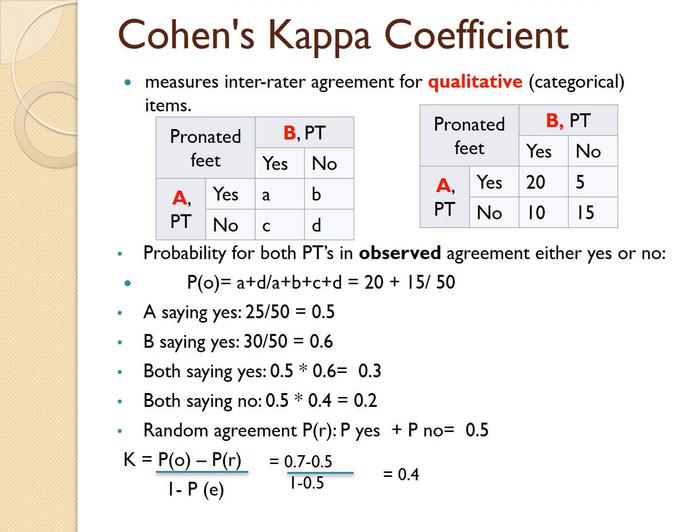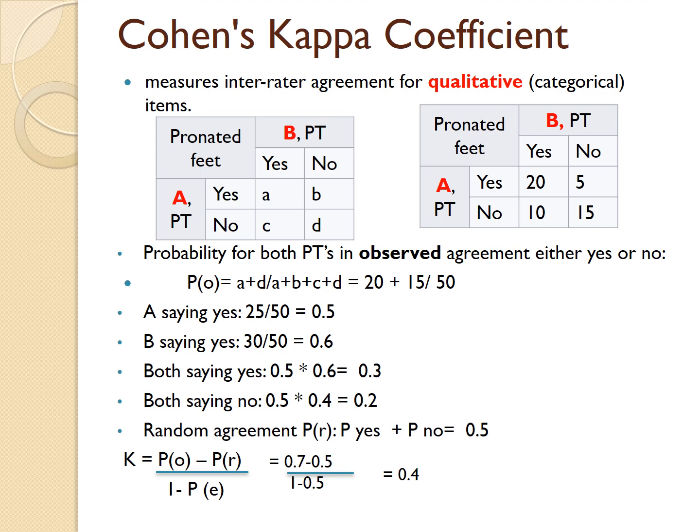And you want to find out how much is the agreement and the disagreement between these two physical therapists in their observation of the pronated feet. Okay, so let's look into this matrix here, the table that I have presented to you on the right side.